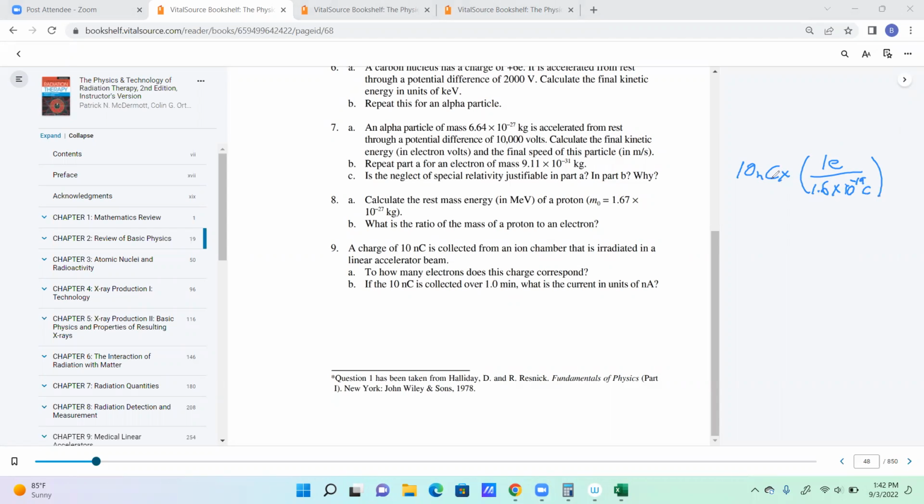Now the problem is that I have nanocoulombs here, so those two are going to be multiplied together. How many coulombs do I actually have here? Well, nano means this gets multiplied by 10 to the minus 9th, so basically this is going to be 1 times 10 to the minus 8th coulombs.